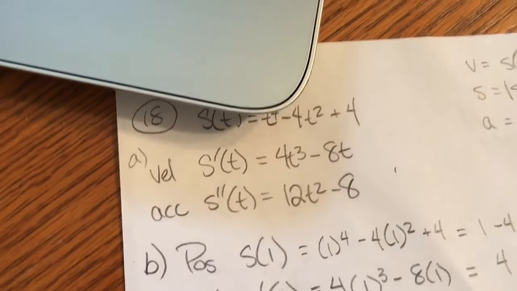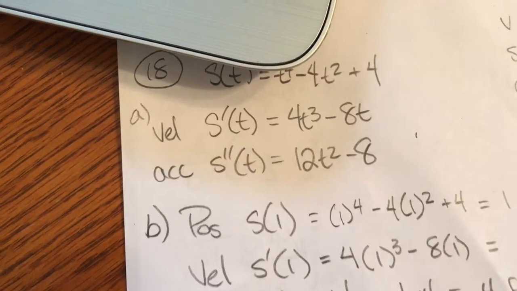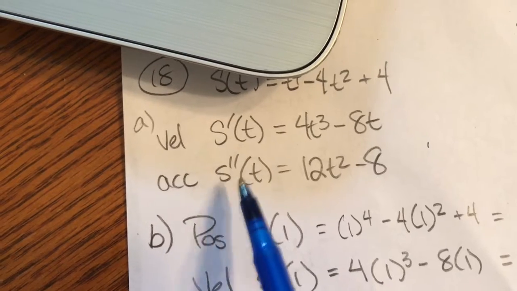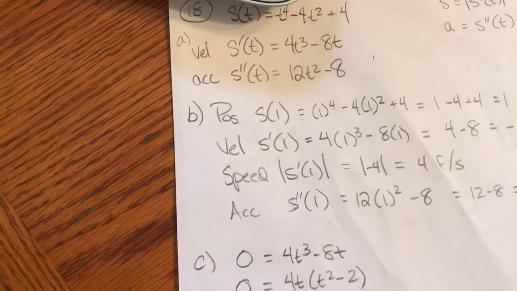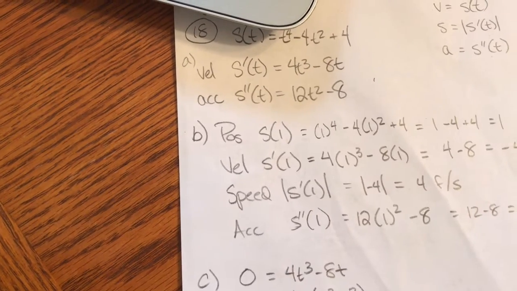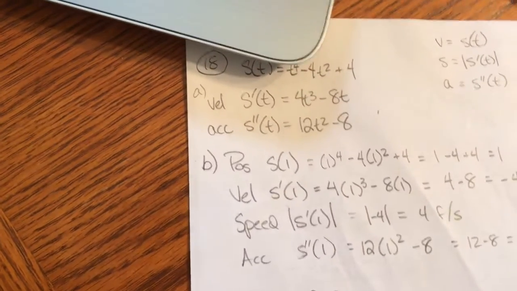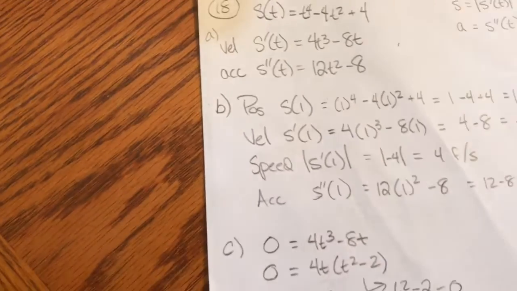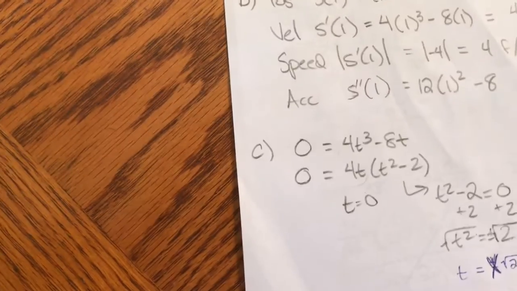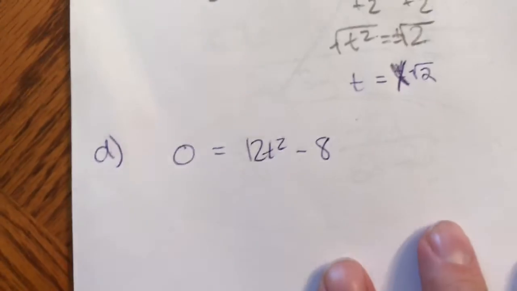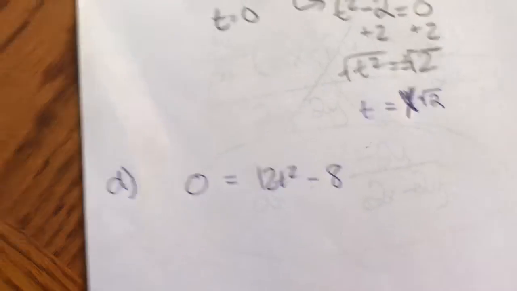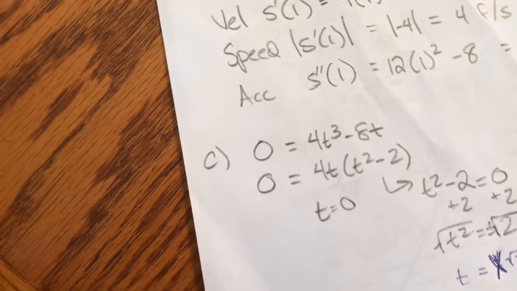Where was I? All right, so speeding up or slowing down, what I have to do is take my acceleration function and find out when it's positive or negative. So if I set the acceleration function equal to 0, 12t squared minus 8. Solve for t. Add 8 to both sides.